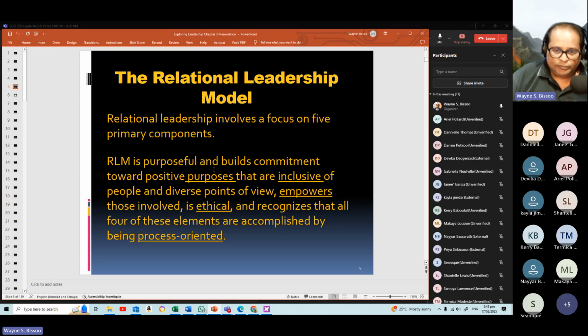And all four of those things will be dealt with through a process oriented situation. So those are the five elements that we're going to be looking at across the board.